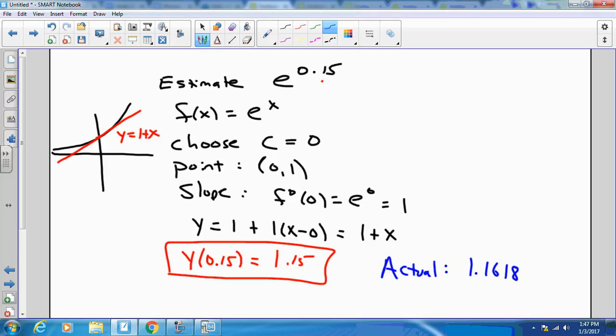But I can't always do that, right? In particular, if all that I know is a value for f and for f prime without knowing what the equation for f of x is, then I can create a tangent line estimate, but I can't say anything more about how good this estimate is.